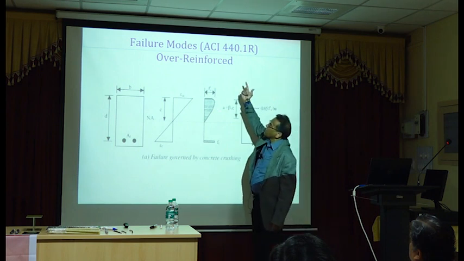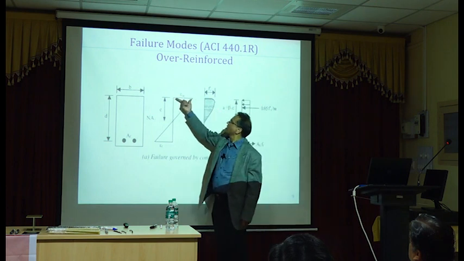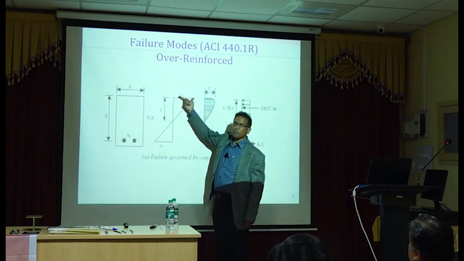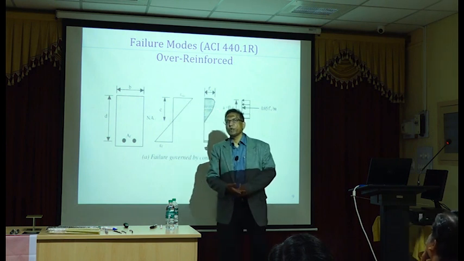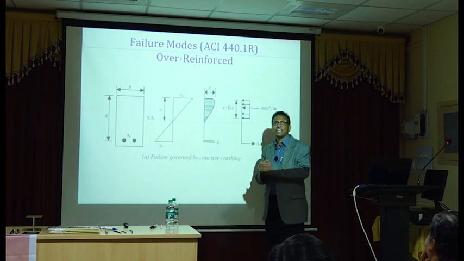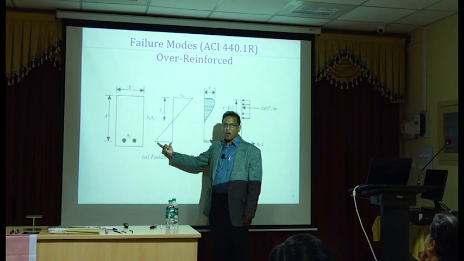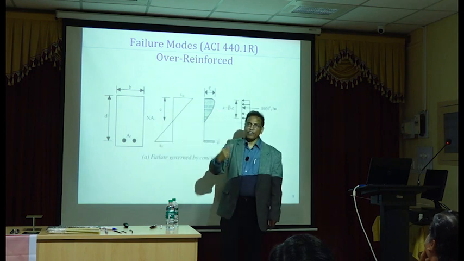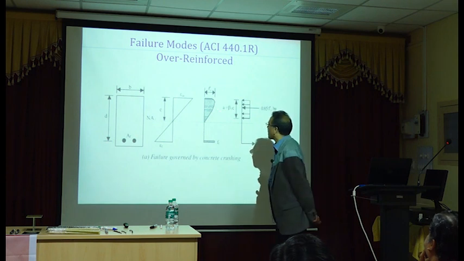If it is over-reinforced condition, we will reach epsilon cu of 0.003 first. Does it make sense? Over-reinforced condition, right? And then this strain will be smaller than the failure strain. Make sense? Very important to remember that.